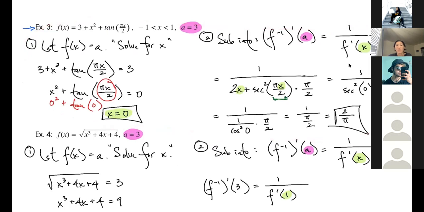When we're thinking about our setup here, it really boils down to let f of x equal a and solve for x. That's 1 step. And then step 2, sub it into that formula. So if you don't know how to approach the inverse kinds of problems, boil it down to step 1, step 2.